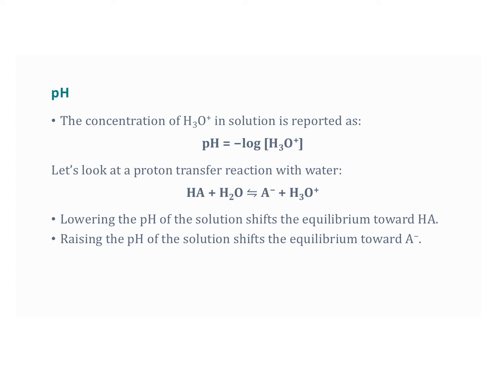And so a lower pH corresponds to a higher concentration of H3O+. So if we have a lower pH, that means we're increasing our concentration because it's a more acidic solution.